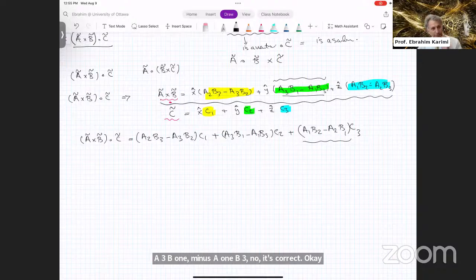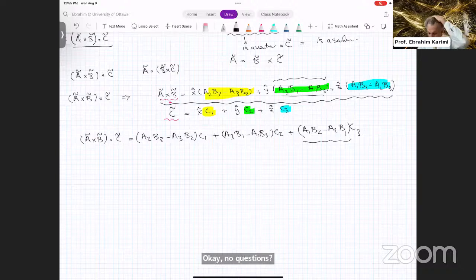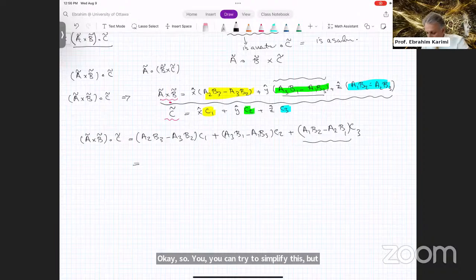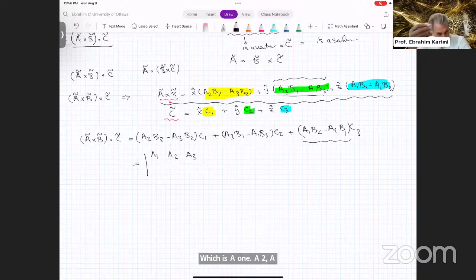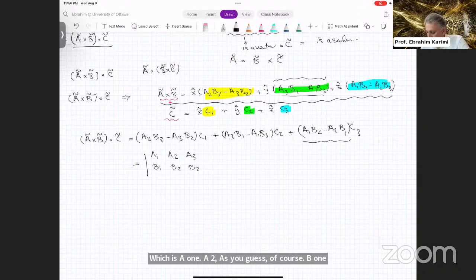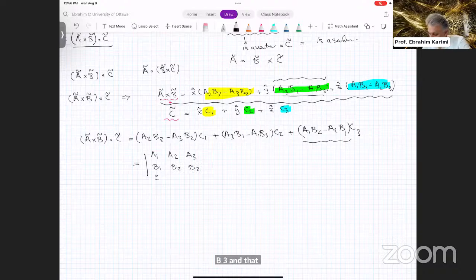Okay, no questions? So you can try to simplify this, but that is nothing more than writing a determinant of a 3x3 matrix, which is A1, A2, A3, as you guess, then B1, B2, B3, and C1, C2, and C3. If you expand the determinant, this is what you will get.